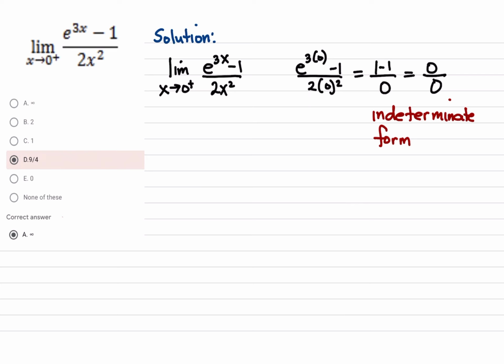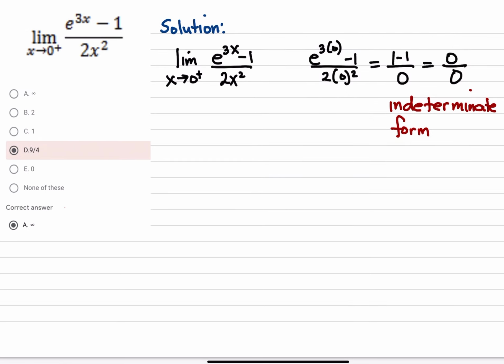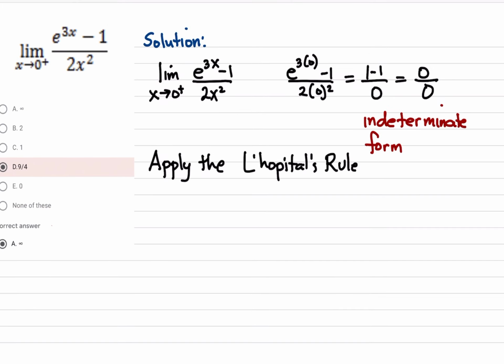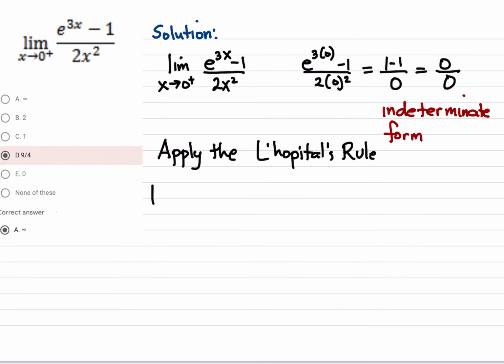And this gives us the clue that to evaluate this limit, we have to make use of L'Hopital's rule. So, apply. By L'Hopital's rule, we differentiate the numerator and the denominator. The limit of e raised to 3x minus 1 all over 2x squared as x approaches 0 from the right becomes the limit of the derivative of the numerator, the derivative of e raised to 3x is 3 e raised to 3x.